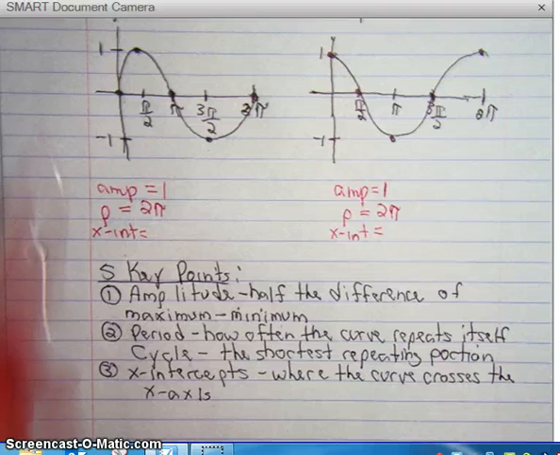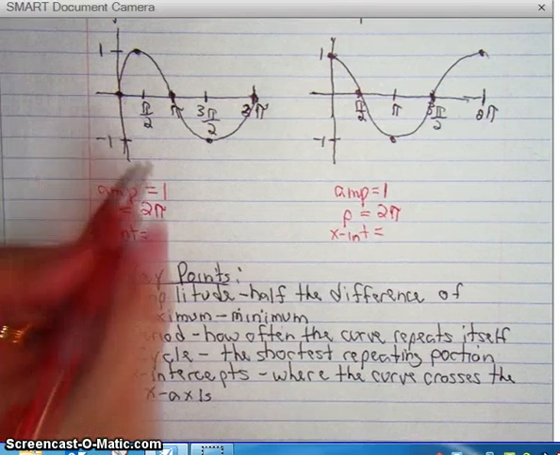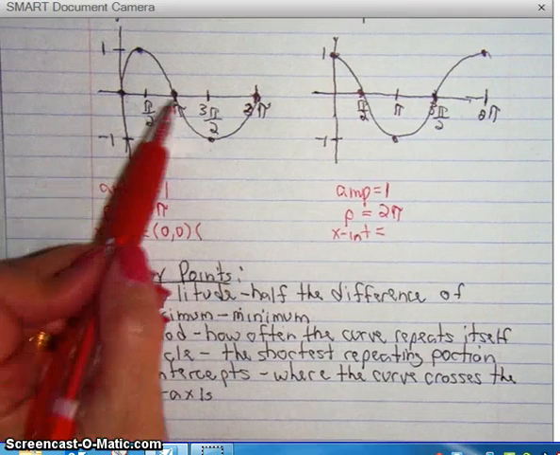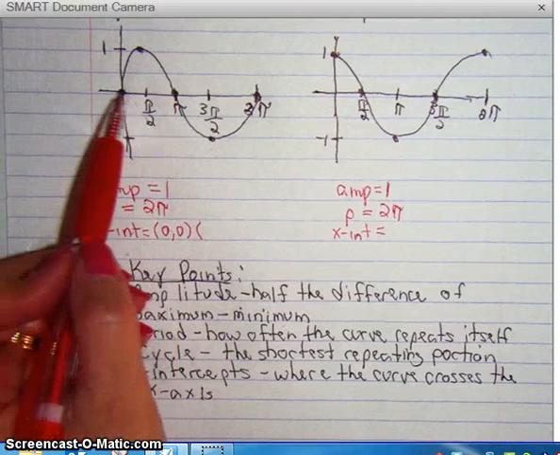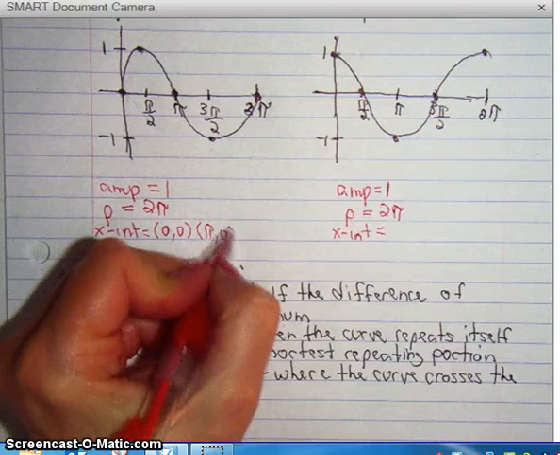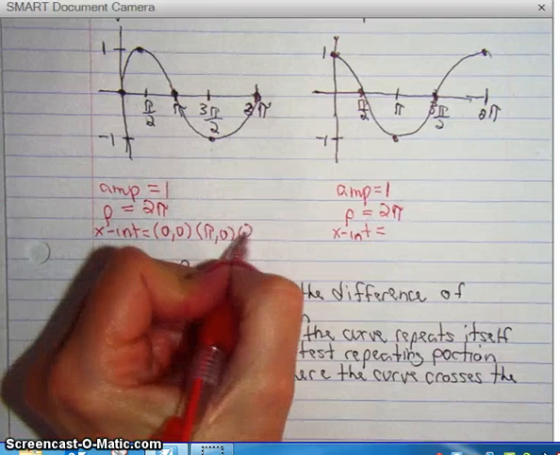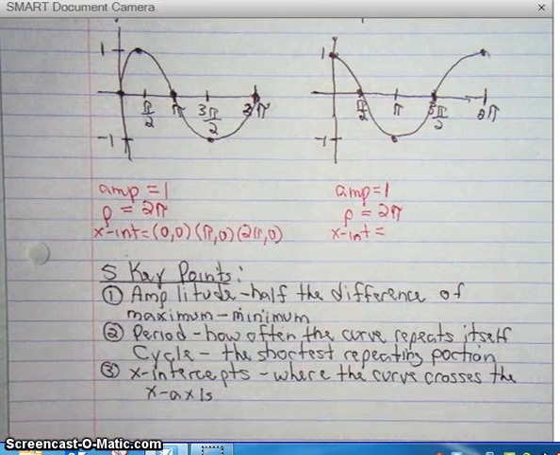All right, Brianna, what's this ordered pair, the first x-intercept? 0, 0. Next one, Brianna. So how far over? Pi, 0. And last one, Brianna? 2 pi, 0, very good. Good.